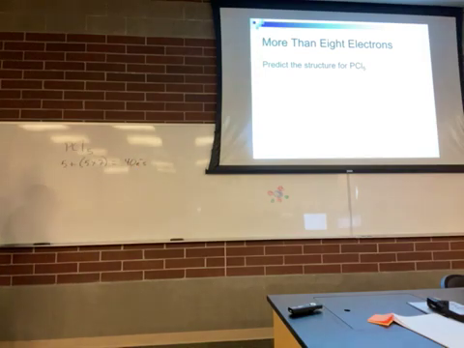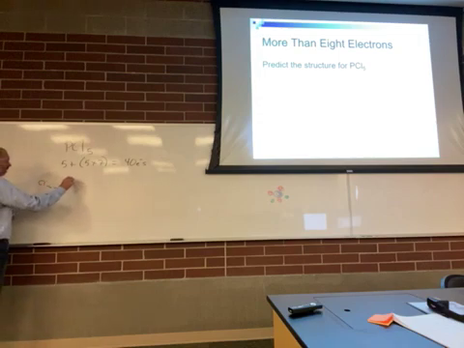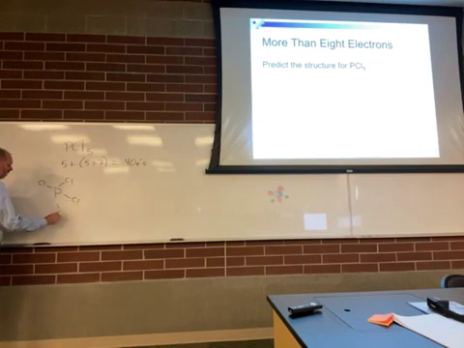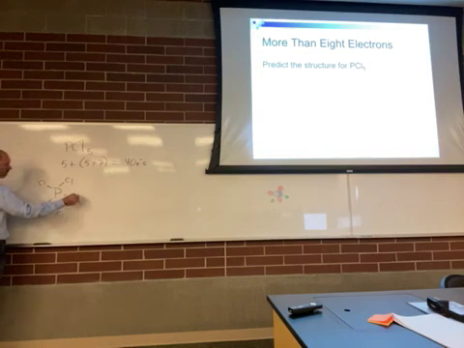All right. So where do I put those electrons? Well, phosphorus is the central atom. So I'm going to put a chlorine, a chlorine, a chlorine, a chlorine, and a chlorine. And I'm going to put my electrons around it. Okay.